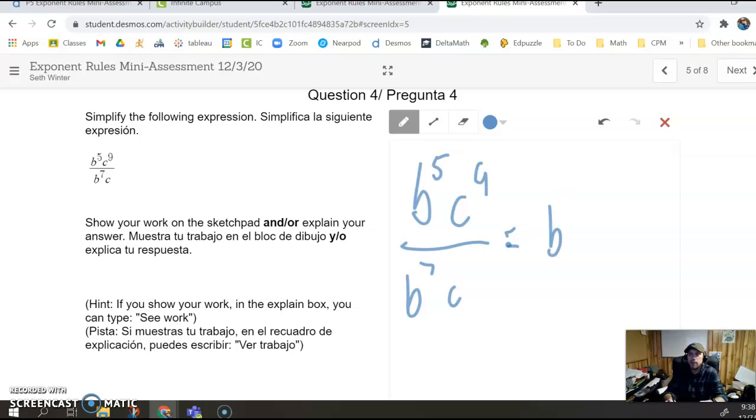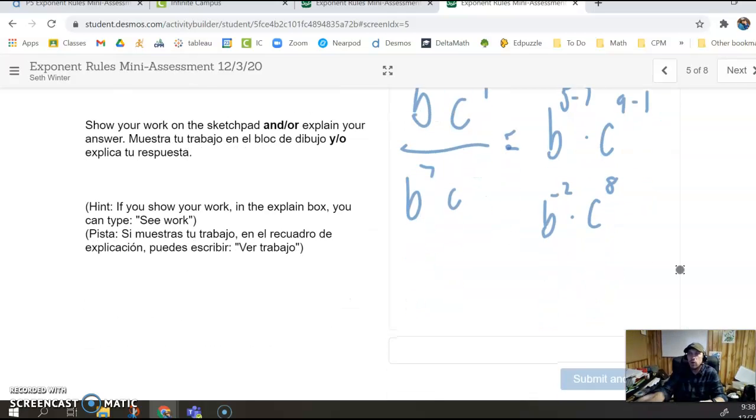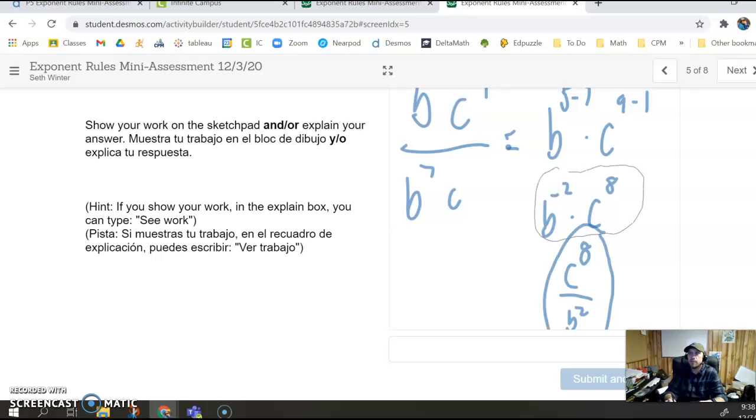So I have b to the 5 minus 7 times c to the 9 minus 1. Well, 5 minus 7 is b to the negative second. C to the ninth minus 1 is c to the eighth. You could have written it this way, or you could rewrite it as the fraction c to the eighth over b to the second. Either is acceptable in this question.